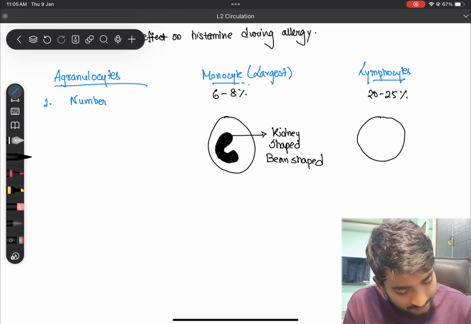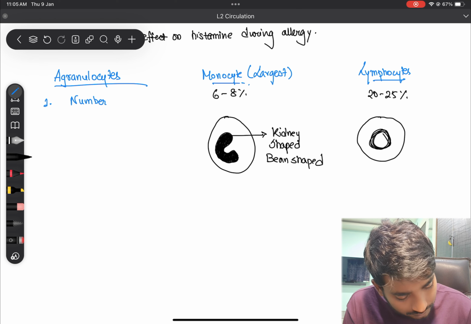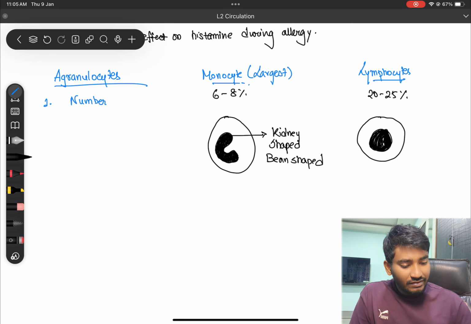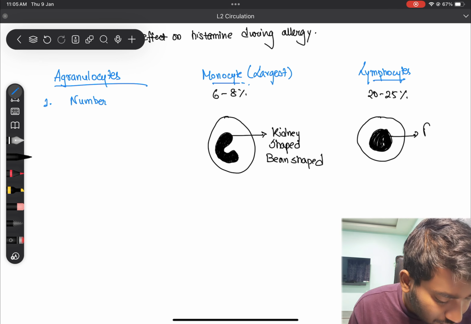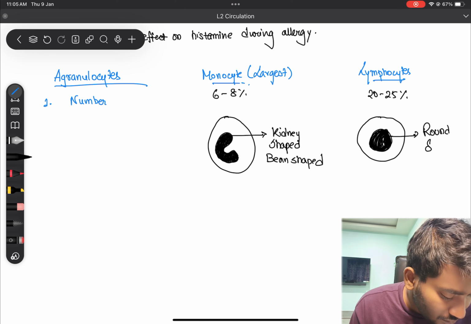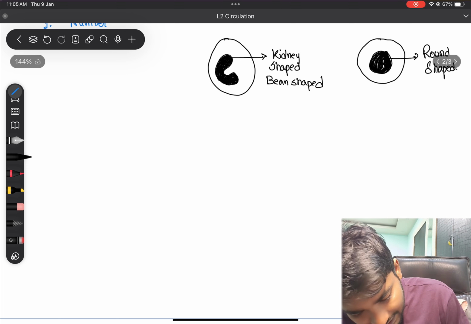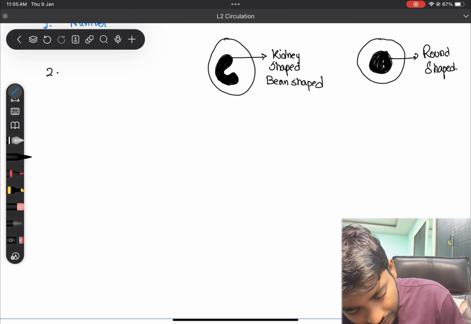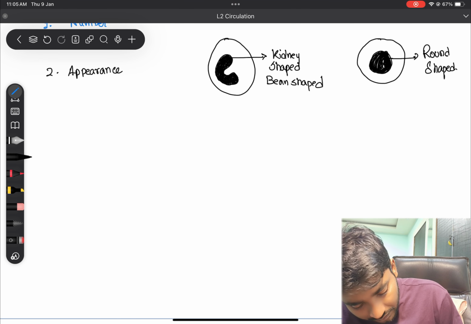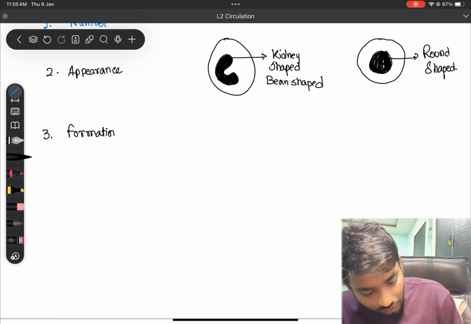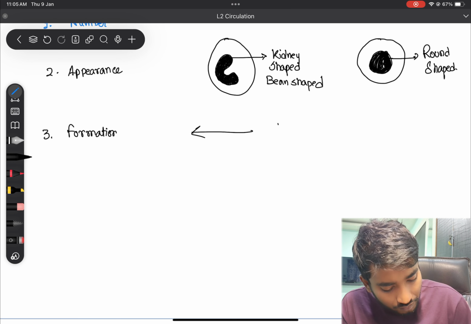And this lymphocyte is round shaped. Okay, now the formation. Where does it form? Both form in the bone marrow.